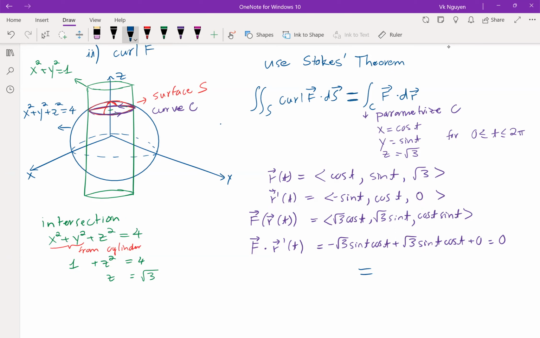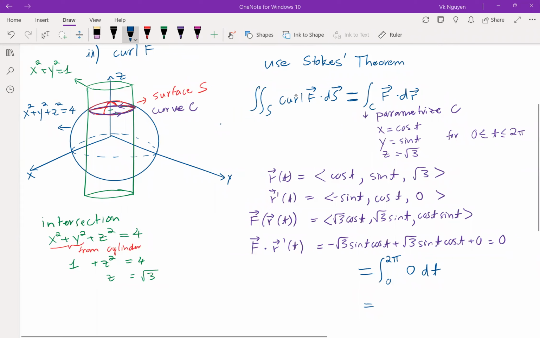Now, the integral from 0 to 2 pi of F dot dr is the integral of 0 dt. And when you integrate this thing, what do you have? The integral of 0 is not necessarily 0.